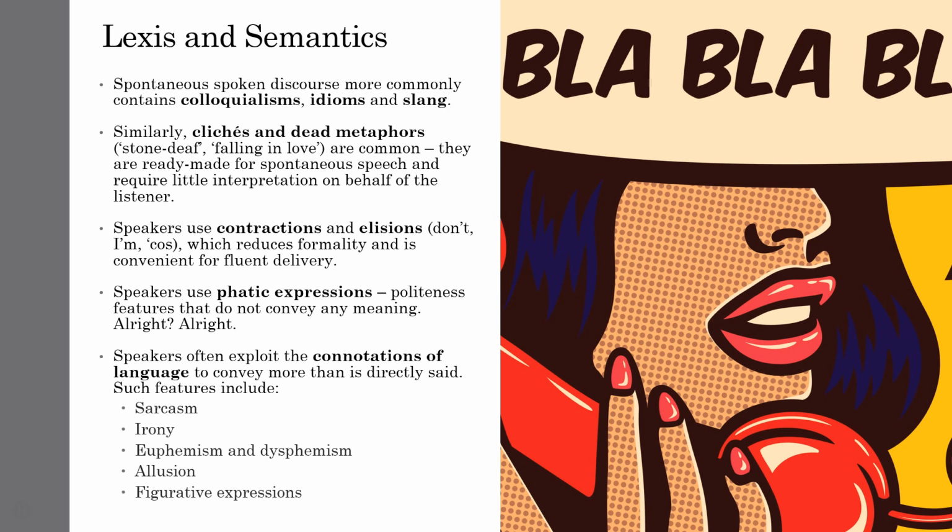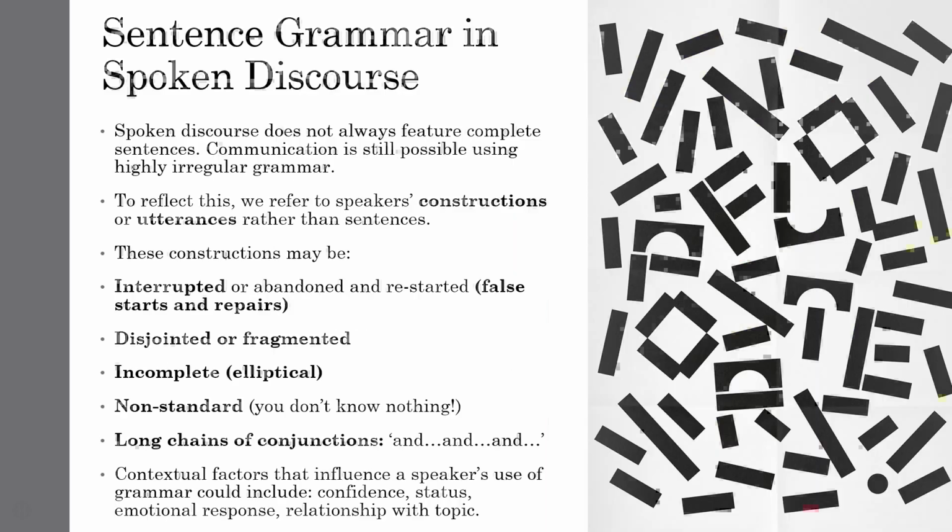So we might use a winky emoji to signify that we're being sarcastic, and that would take the place of a facial gesture in spoken language and allow us, in a chat room or message forum or group chat format, to convey sarcasm in much the same way that we would in a spoken context. So connotations of language, we know that semantics is about where more is conveyed than is directly said, and those features are live in spoken language as well.